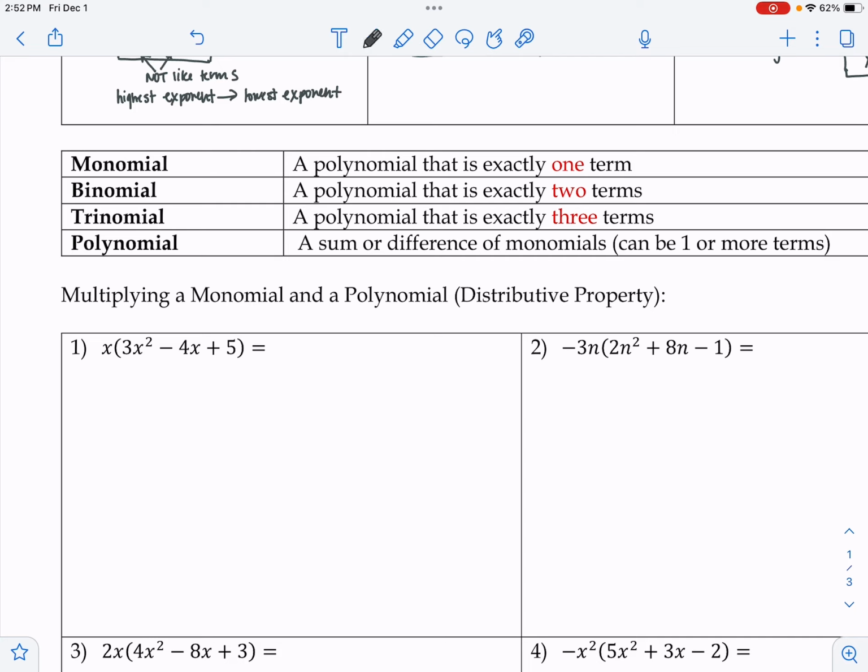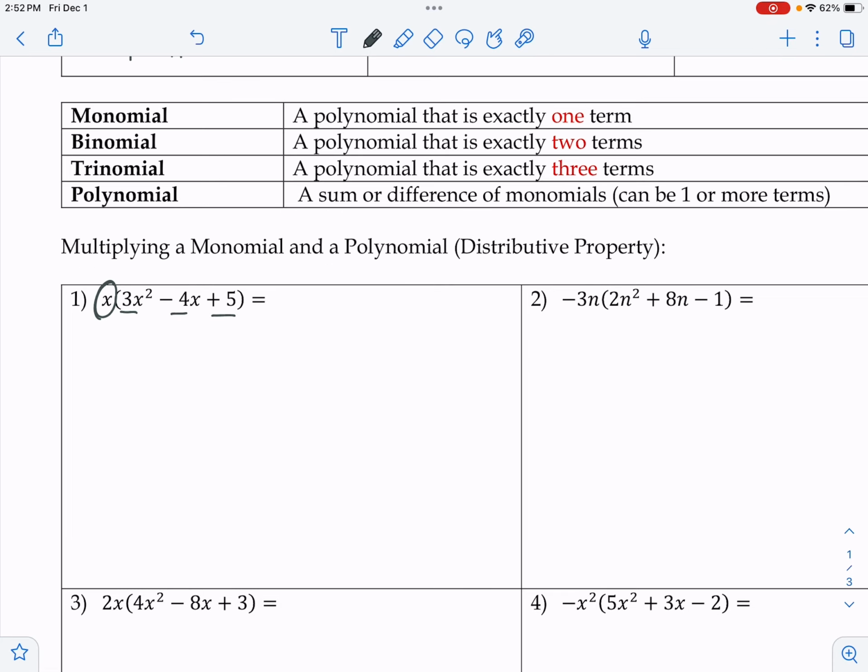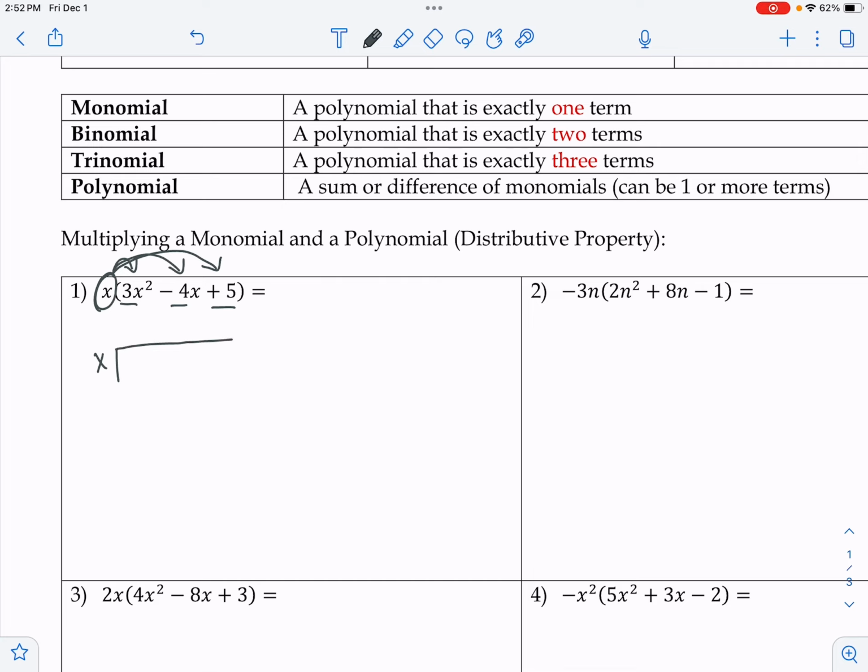And so here we have a monomial times a trinomial. The plus and minus signs separate your terms. And so whenever you have a monomial, you're just distributing it into each of these 3 terms. So we're going to multiply the x by those 3 terms. I like to use a box when I'm distributing a variable to help me stay organized with the coefficients and the exponents.